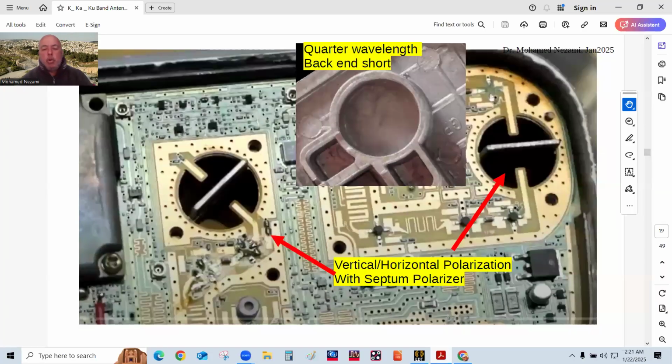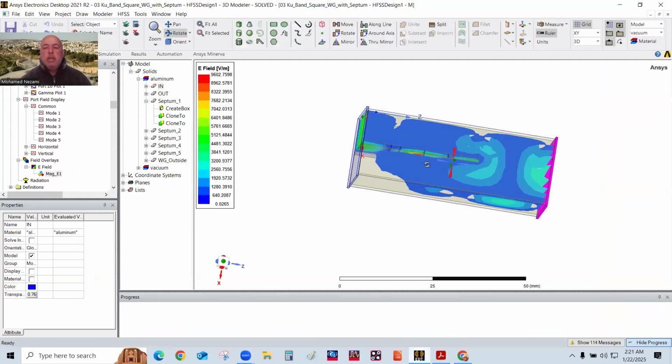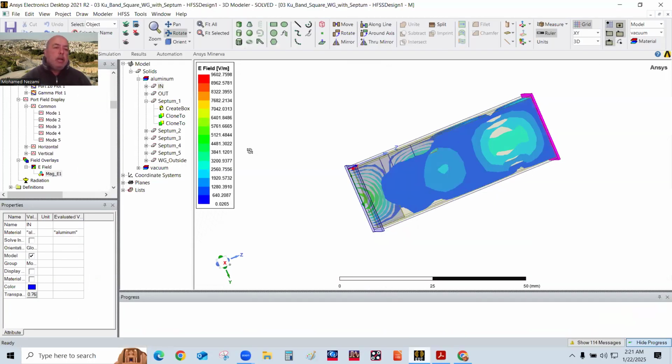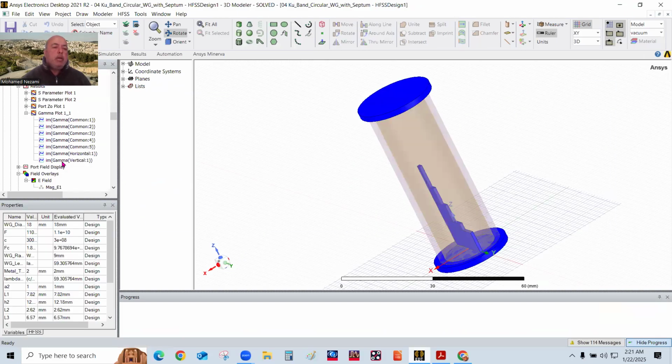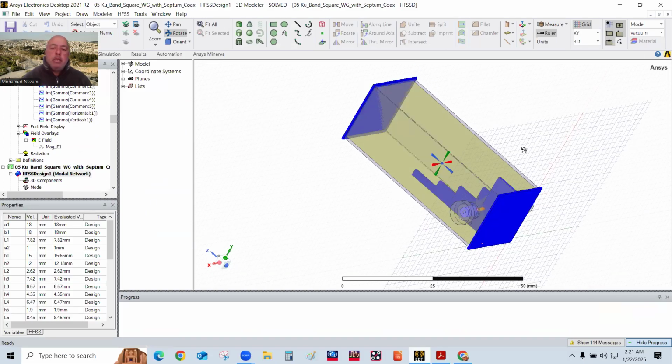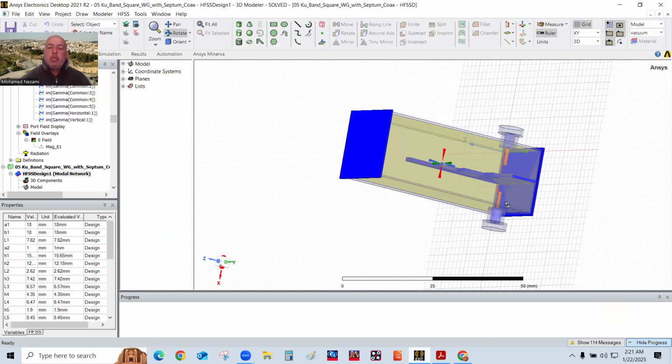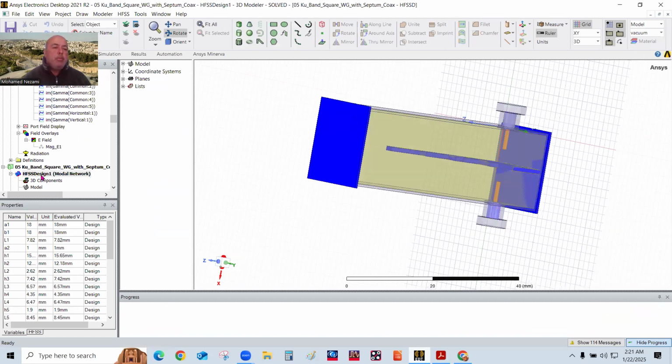Let's go back to the simulations. You can see here, not in this one but in the ones hooked up to coaxial line, and I will show you in the coming days, let me get the E field back on this one.